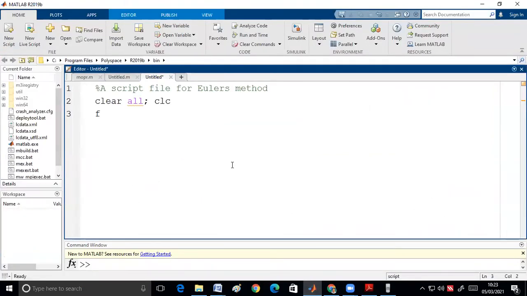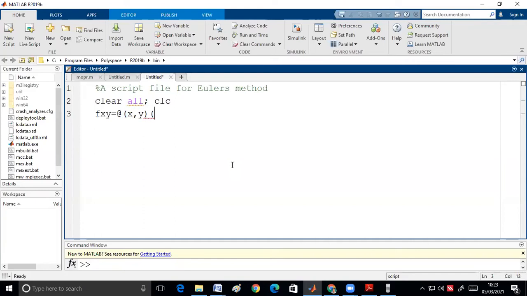Just for understanding, I will write f equals inline function, at the rate, x comma y. First I will write a simple problem, then we will replace this function by an input function.